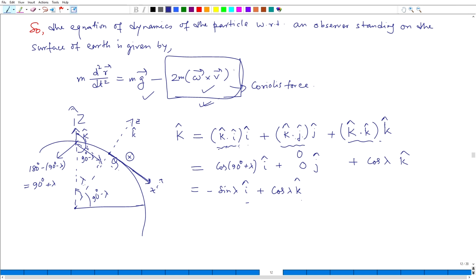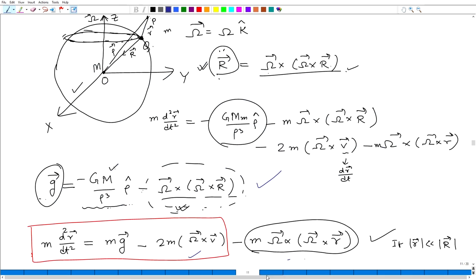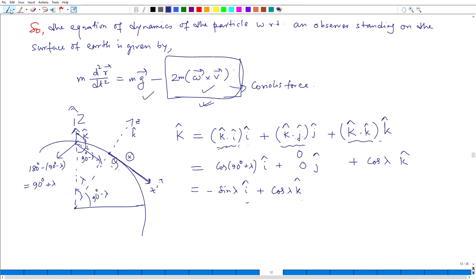If I have this, then I can actually calculate omega cross V. I have made mistakes, so here this omega should be replaced by capital omega, and the same thing here.